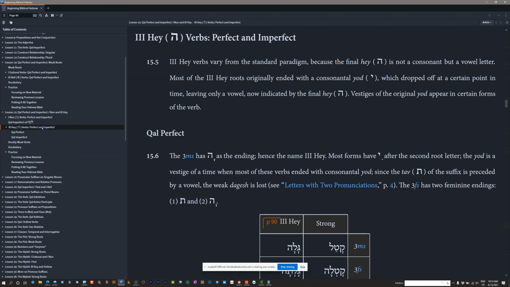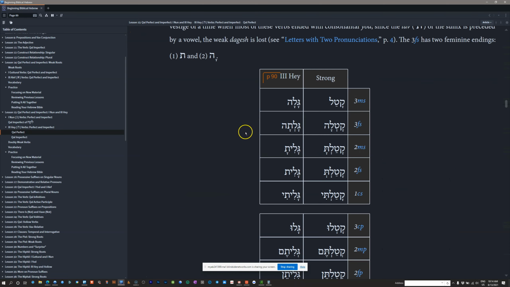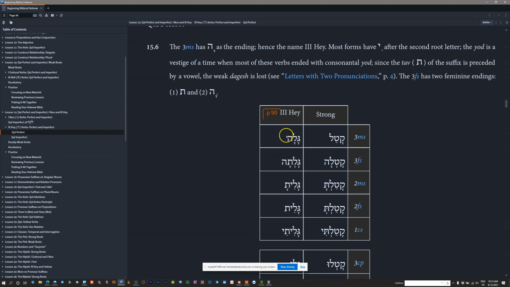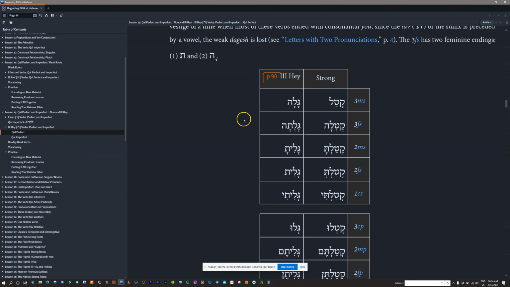In these III-Heh verbs, there are three things that can happen to the III-Heh. All right, so III-Heh, when we've got the 3ms form, this is the basic form. But there are three things that can happen to that tsere here.